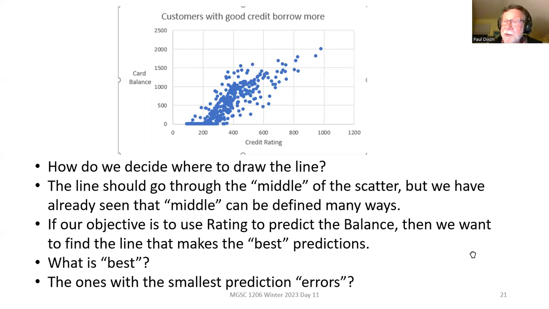That's a really bad prediction. It's a big error in my prediction. I would like to be able to draw a line so that my errors are as small as possible. Smallest prediction errors. Now, some of my predictions will be good, some will be bad, so I'll probably look at the average.